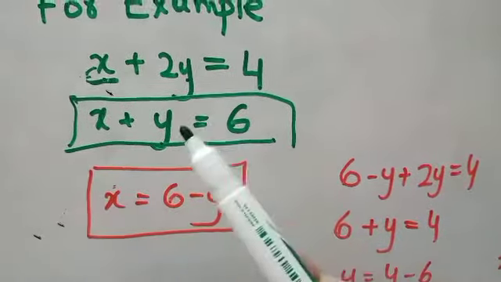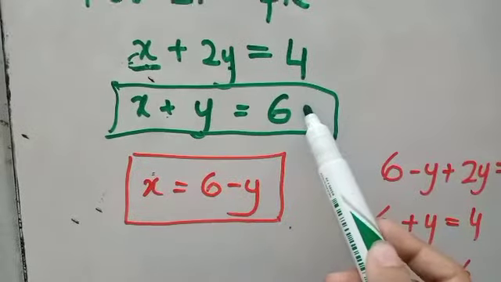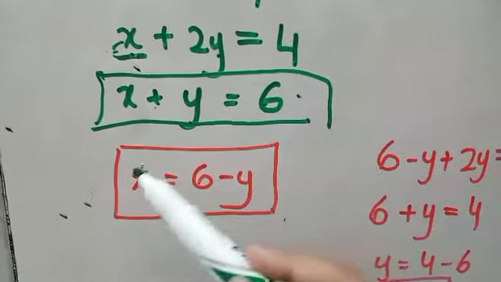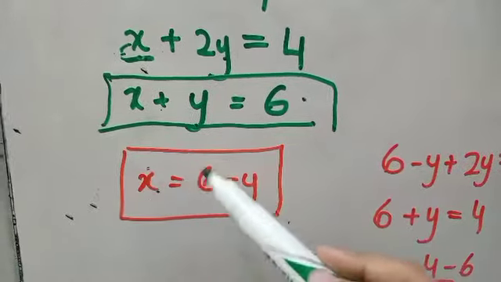x is equals to 6 minus y. I have to take out the value of x. So I shift this plus y to the other side of equal to, and it becomes minus y. So I got the value of x. x is equals to 6 minus y. Now, just name the equation. This is equation 1 and this is equation 2.